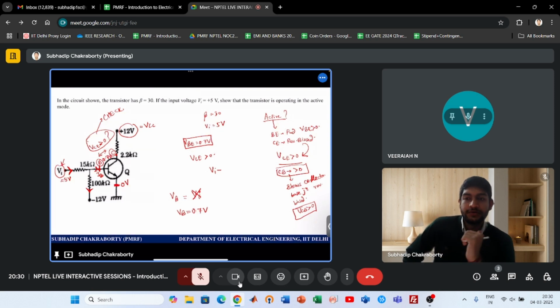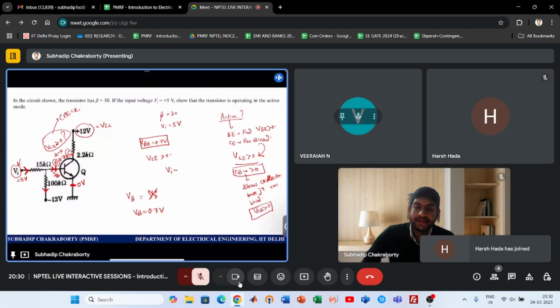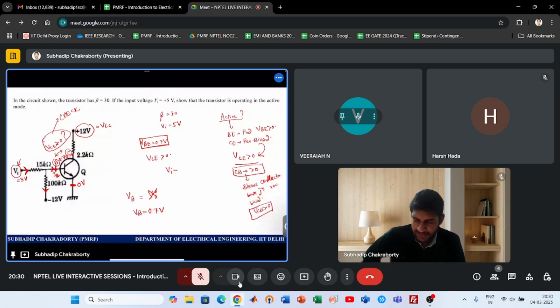From here, what can you know is the current that is actually entering into the base. So try to find the current that is entering into the base from the knowledge that VB is 0.7 volts, and since it is forward bias, you can actually claim that this voltage is 0.7 volts, and once this voltage is known, you can calculate this current from the knowledge of VI.